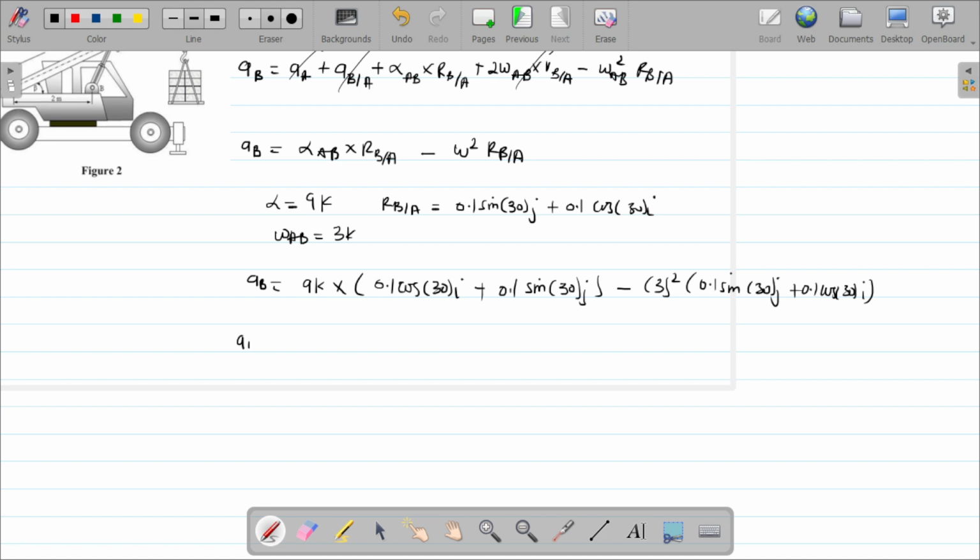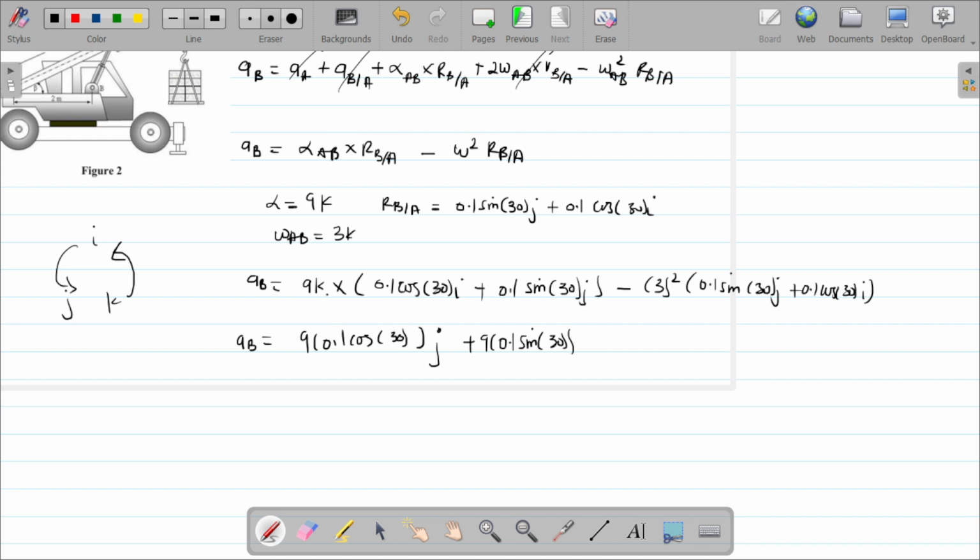So the acceleration of B will be equal to, you multiply the scalars, you cross the vectors, 9 times 0.1 cos 30, and then k cross i. So our i, j, k, k cross i will be j. So you put j here. And then we also have plus 9 times 0.1 sine 30.